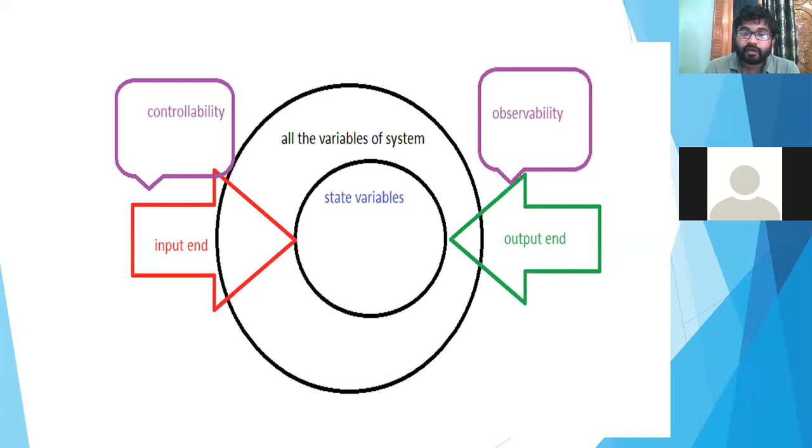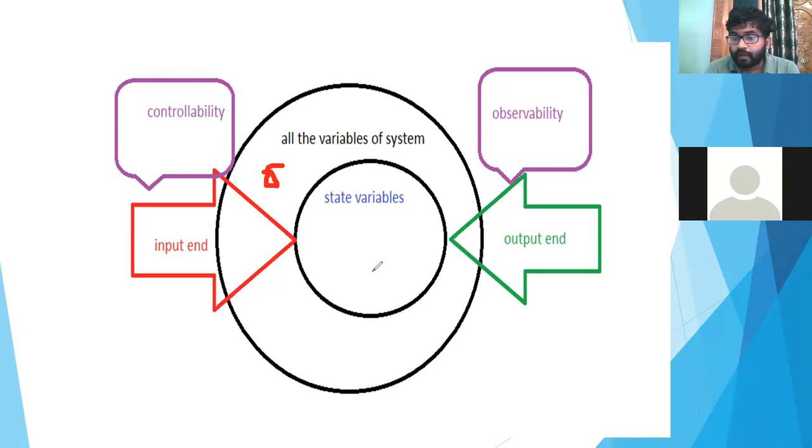What are the system variables available there? Inductor current, capacitor current, inductor voltage, capacitor voltage, resistor current and resistor voltage. Total 6 variables are available.